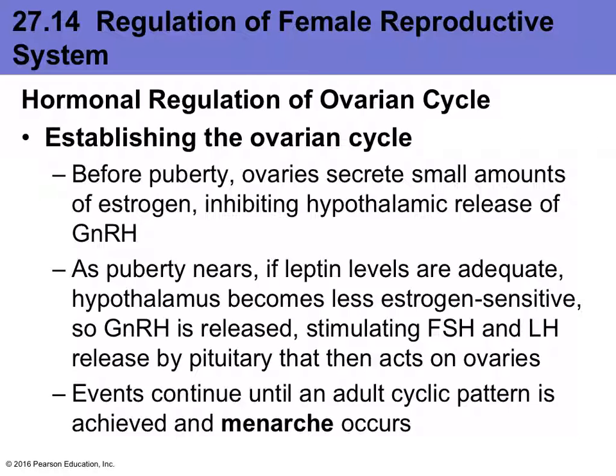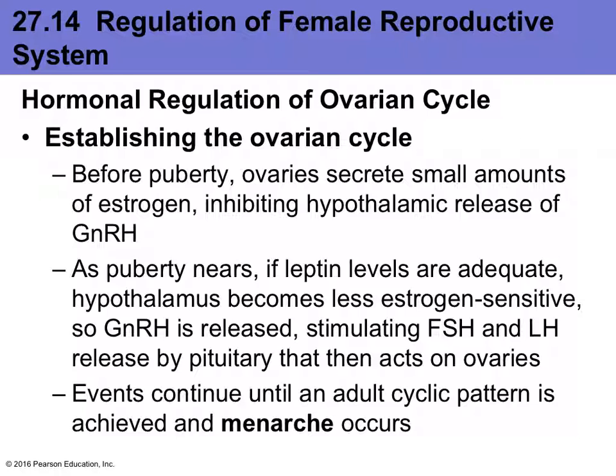Early in life, the ovaries are producing small amounts of estrogen, which are going to negatively feed back on the hypothalamus to inhibit release of gonadotropin-releasing hormone. So therefore, the anterior pituitary isn't going to release LH or FSH. Initiation of puberty depends on fat content of the female's body.